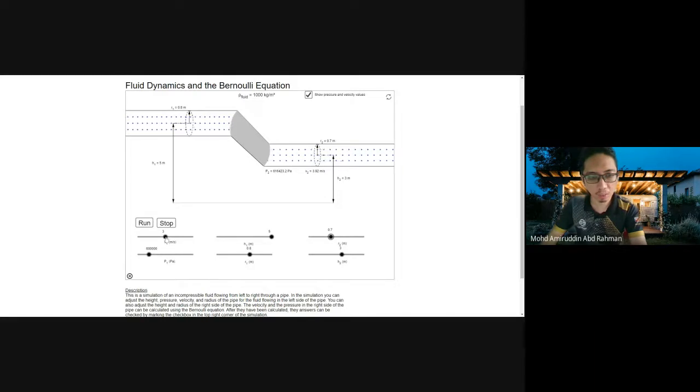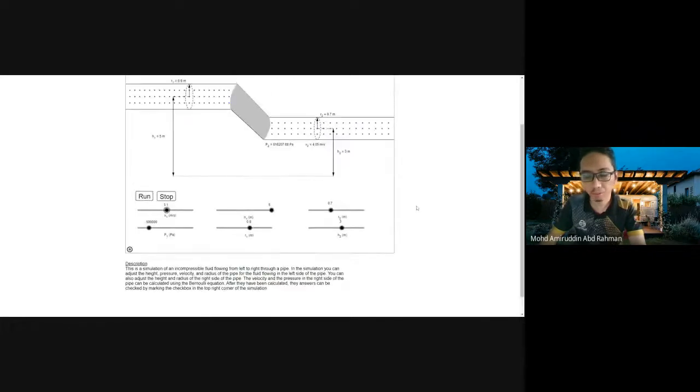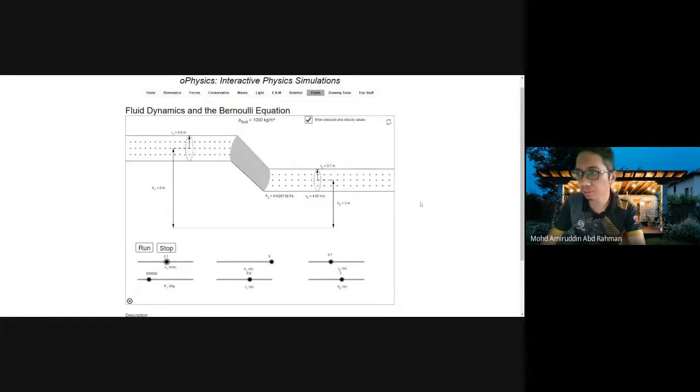This is the velocity on pipe 1, you want to make the velocity of this one similar to that one. All right, that's it for number 5.